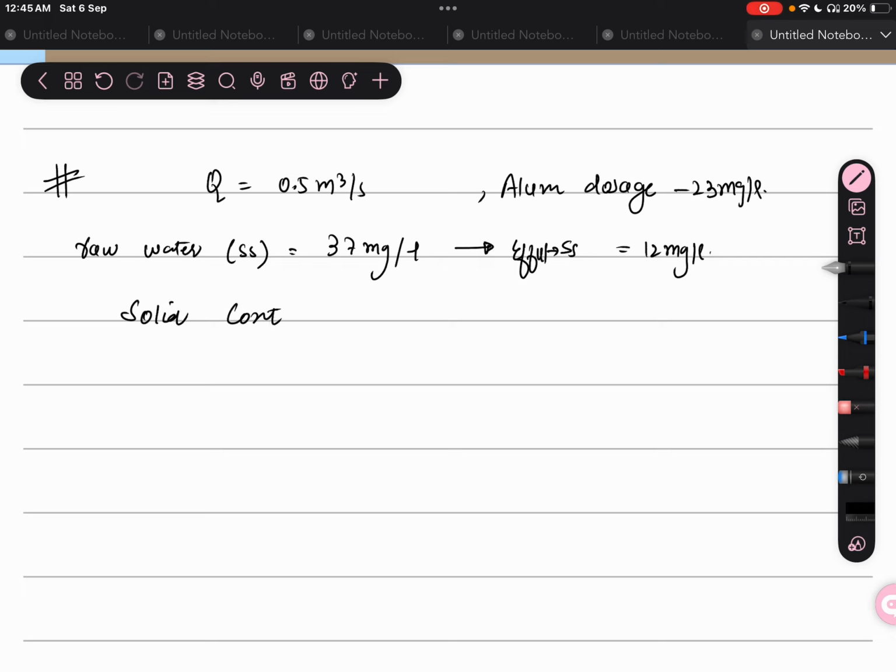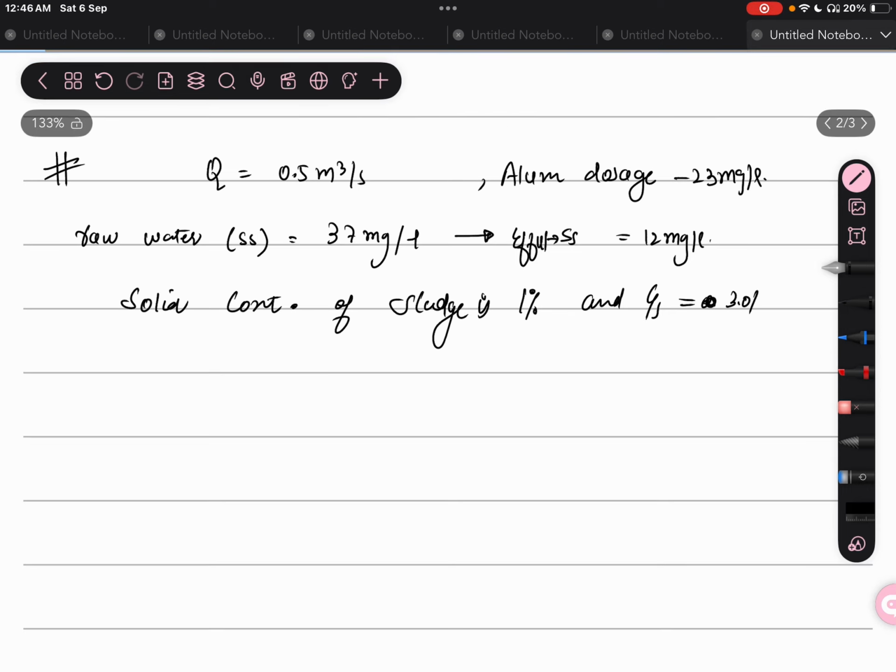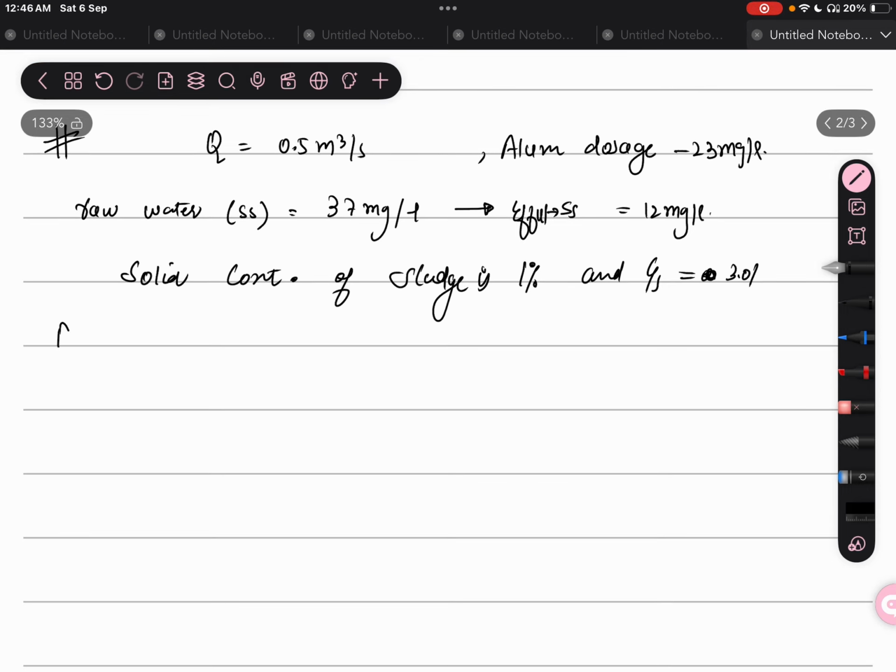The solid content of the sludge is 1%, and specific gravity is 3.01.